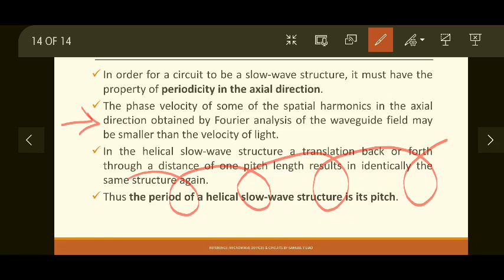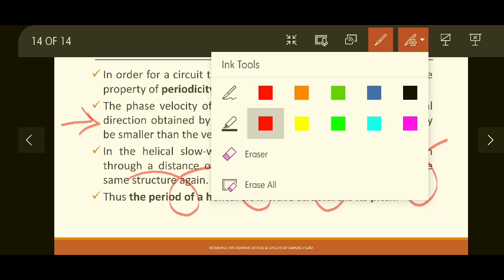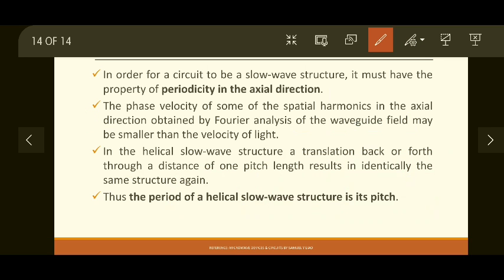Periodicity provides the harmonic nature to the phase velocity, and if we do a Fourier analysis of it, we will see that there are some velocities which are greater than c and some which are smaller. These are called spatial harmonics, harmonics in the space dimension. How that affects the amplification process, we will see in the next video.